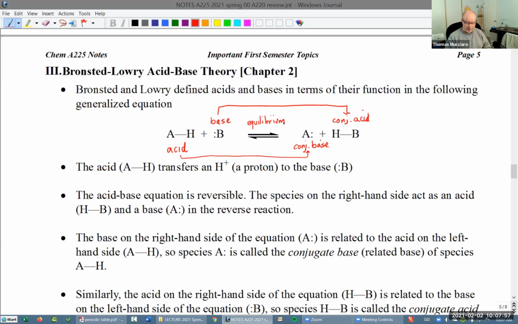In reality, especially in acid-base reactions, yeah, an acid will react with a base, but then since it forms an acid and base on the other side, those can react and go backwards. And so typically, we don't get necessarily 100% of the stuff on the reactants or 100% on the products. We get an equilibrium mixture. Certain percentage is still reactants, certain percentage will be products, okay? So that is actually super important also.